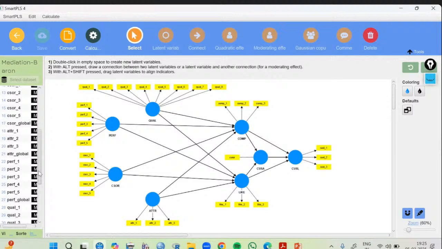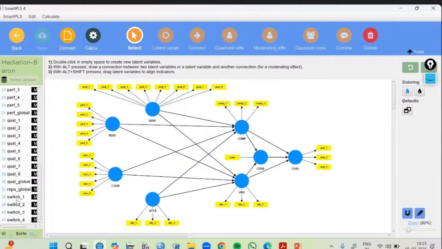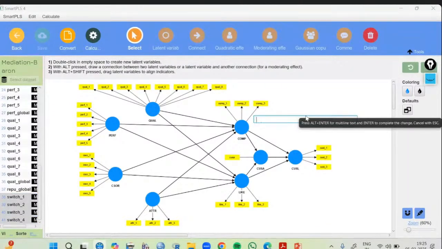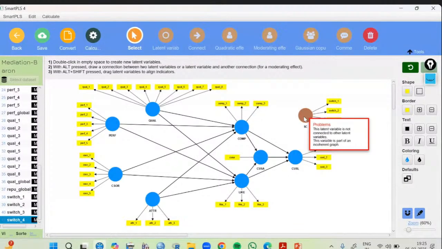Switching cost, my another variable. Switching cost, SC, switching cost. अभी केवल मैंने इसी को ऐड किया है, स्विचिंग कॉस्ट. ठीक है ना. तो I want to check the relationship between customer satisfaction and customer loyalty.